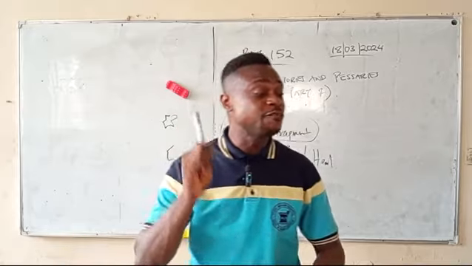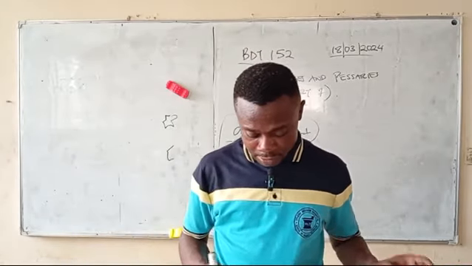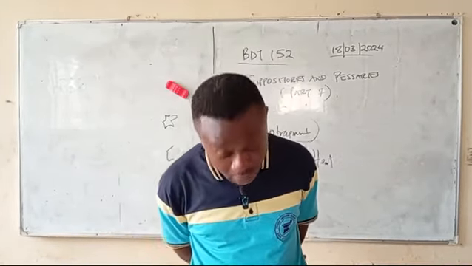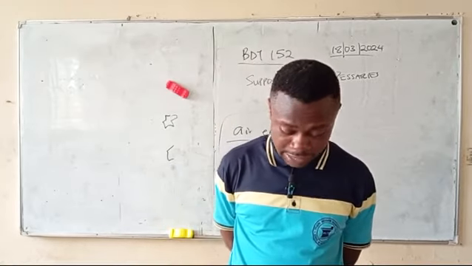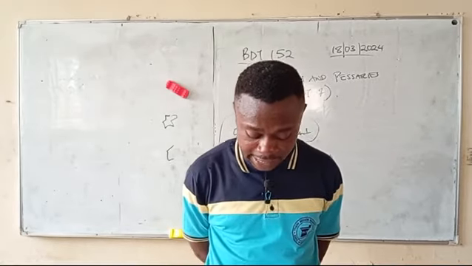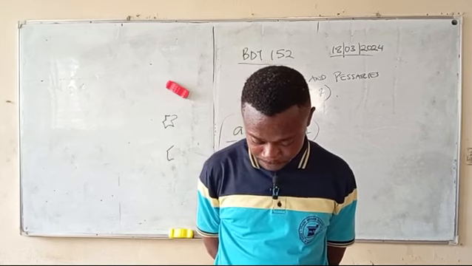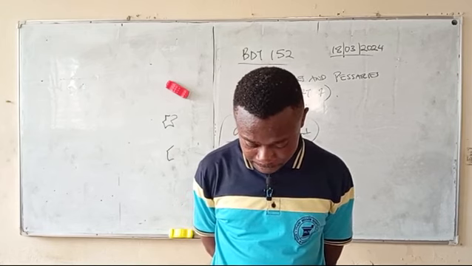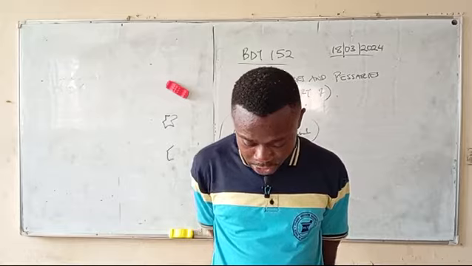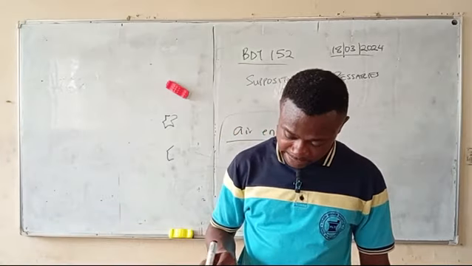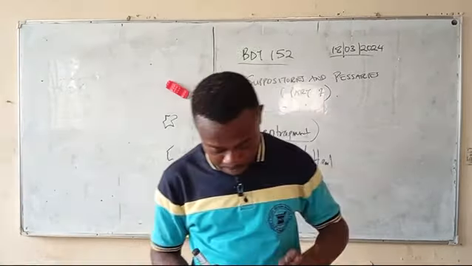But before filling, look at it. Let's go to the diagram. I think it will help you to understand it better. Now, if you look at it, that should be figure 19.4.